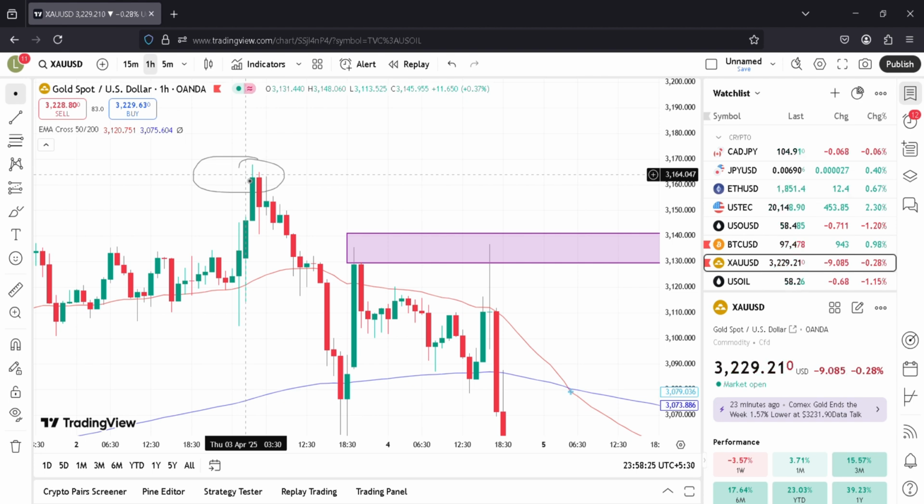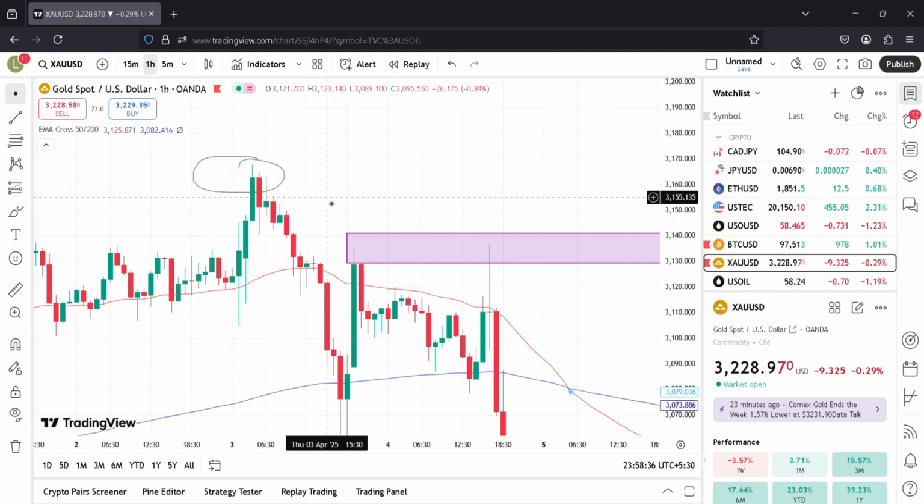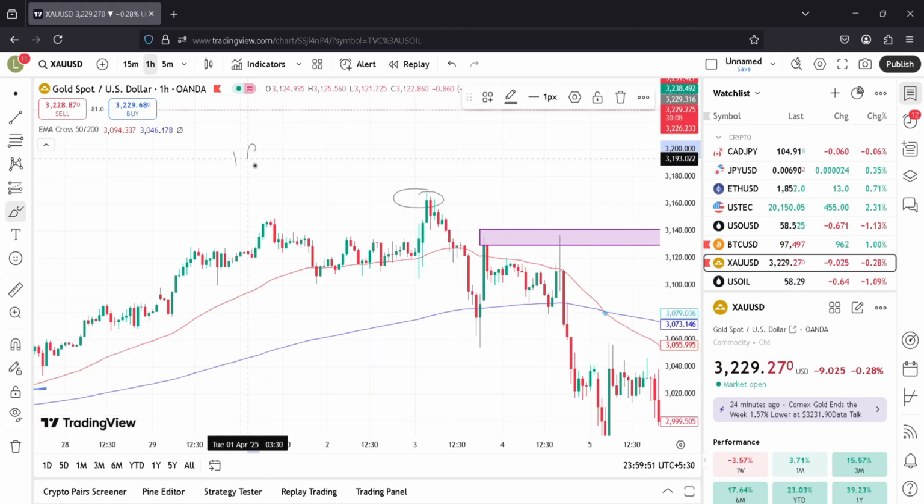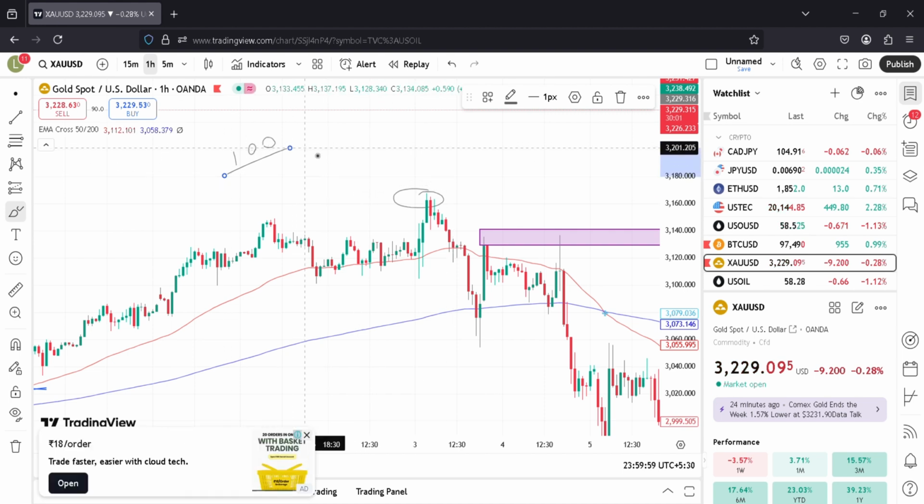When bank managers or hedge funds are looking to short, they sell in small amounts. Suppose they are holding many more lots than you. If they bought 100 lots, they don't sell 100 lots immediately.